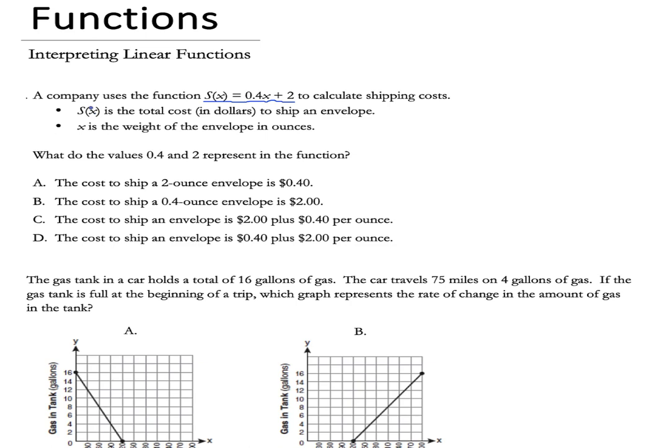S(x), which is your function, represents the total cost in dollars to ship an envelope, and x is the weight of the envelope in ounces. The question they're asking: what do the values 0.4 and 2 represent in the function?